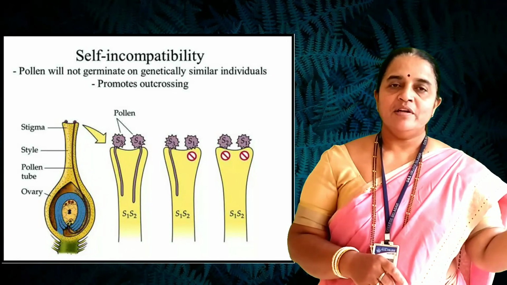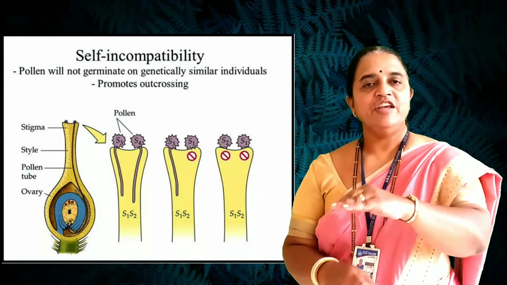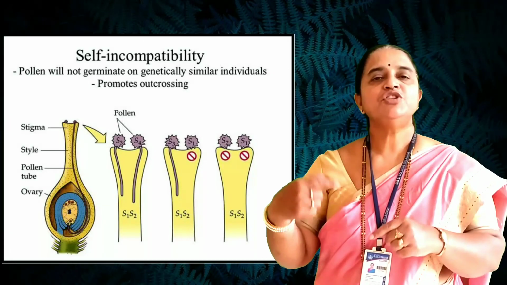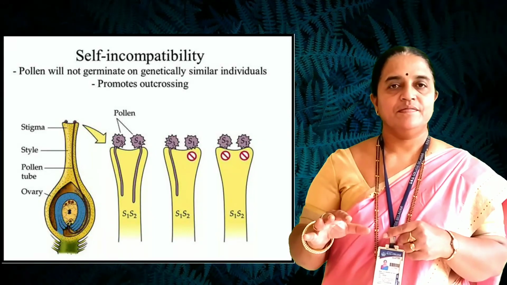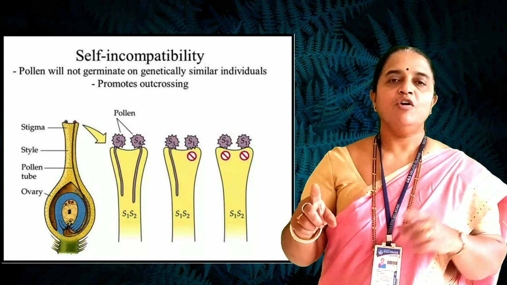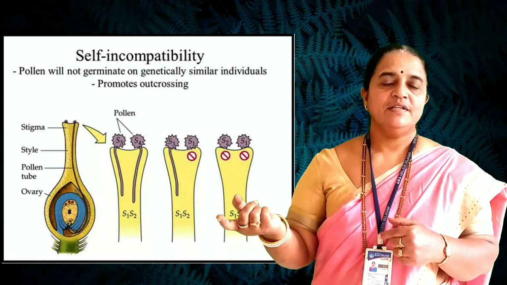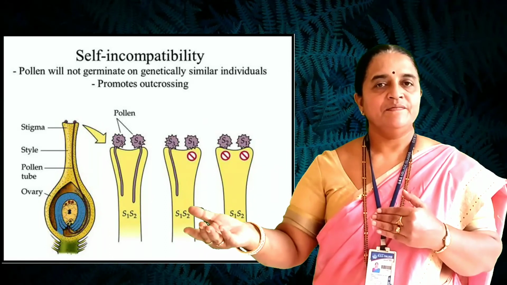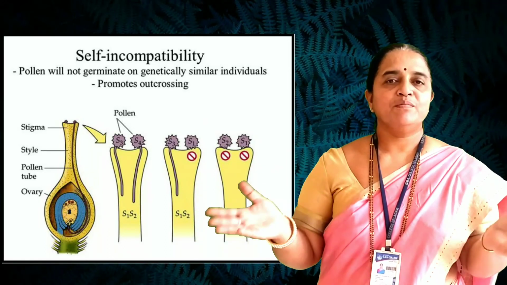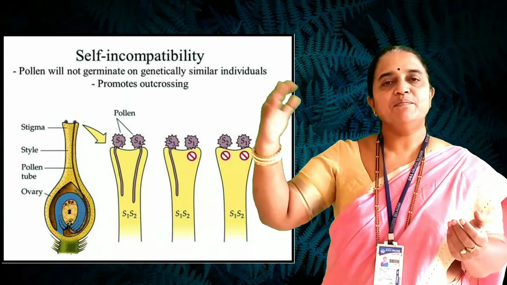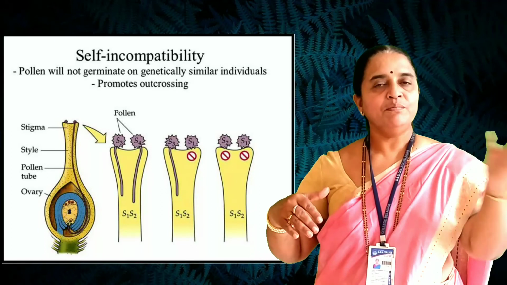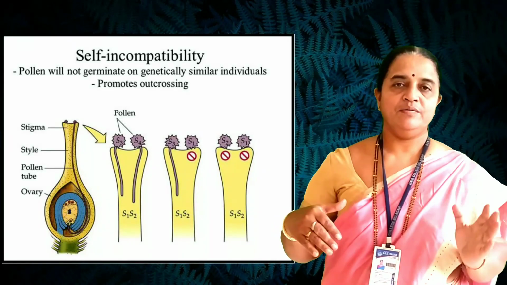Means if pollen grains are deposited on the stigma of the same flower, then they are unable to germinate, or the stigma will not allow the pollen grain to germinate. This self-sterility or incompatibility brings about cross-pollination because it accepts the pollen grains of another flower. Even if their own pollen grain is deposited, they won't allow it.